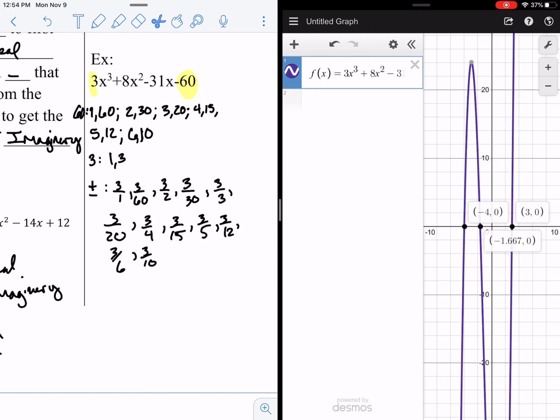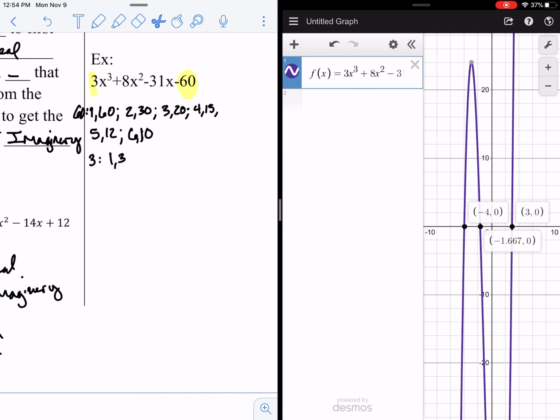All right, and I actually messed up on this one because we're going to use the 1, the 60, the 2, the 30, the 3, the 20, the 4, 15, all of those. So I did absolutely all of this backwards. I didn't realize it until right then.